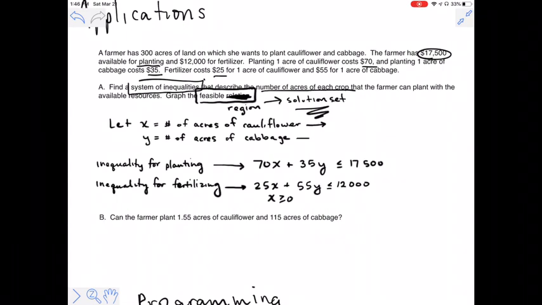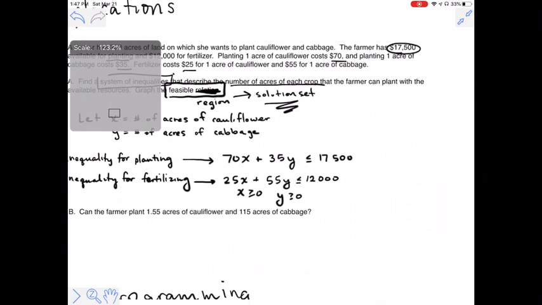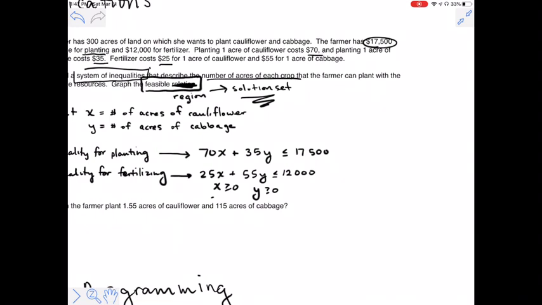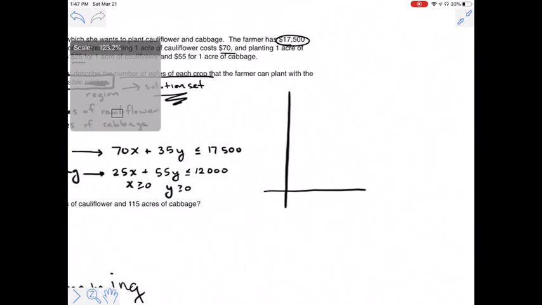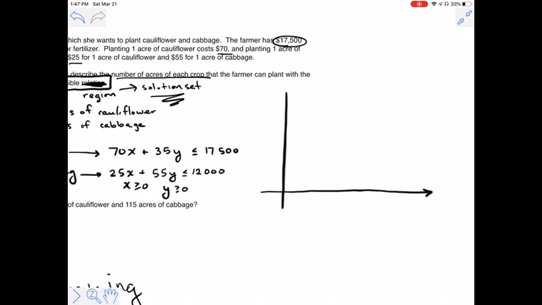And then same thing, the number of acres of cabbage also has to be non-negative. So y has to be greater than or equal to 0. We talked about that in an earlier problem. Really all that means is that our graph is going to be contained within quadrant 1.